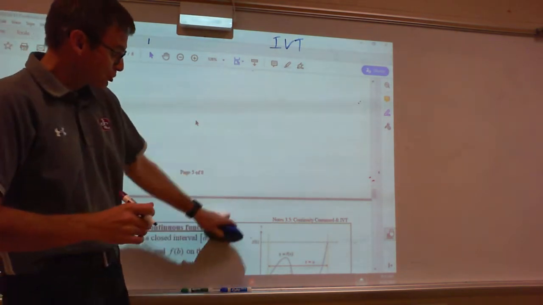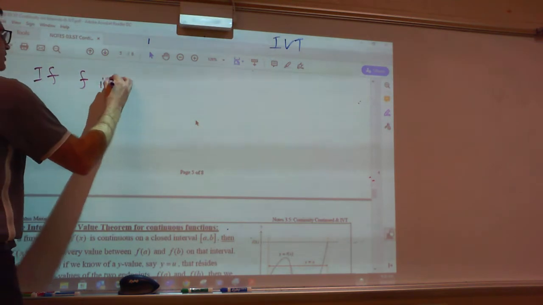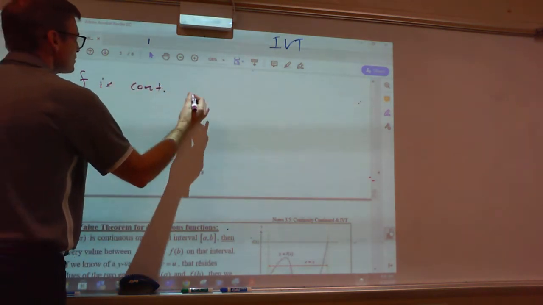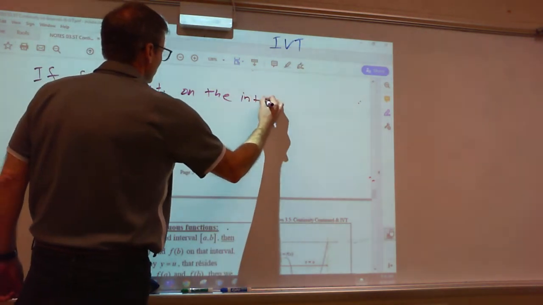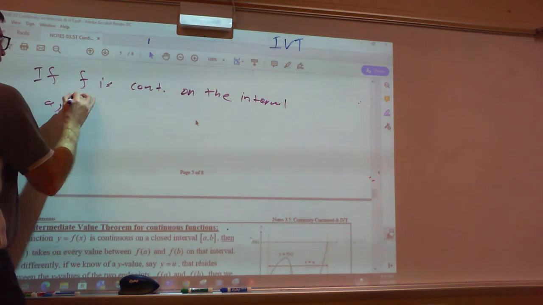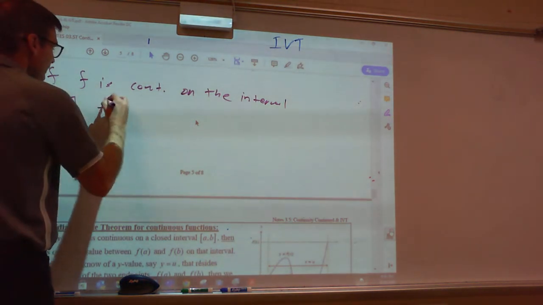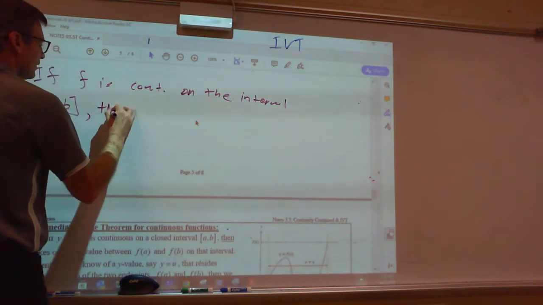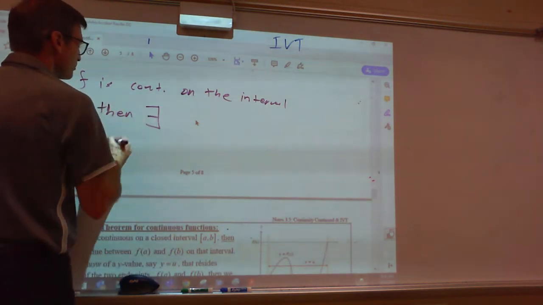Here's my official version of the intermediate value theorem. If f is continuous on the interval AB, then, I need to talk about this symbol.